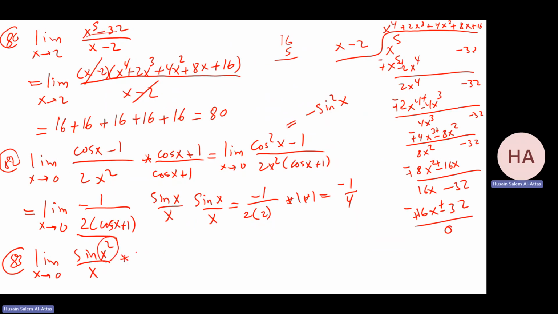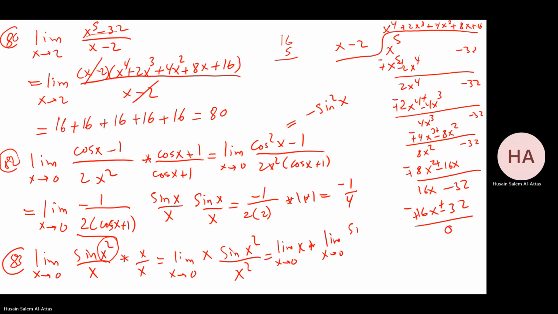So I multiply by x over x. So that will be the limit as x goes to 0 of x times sine x squared over x squared. Now I make it the same argument. So this limit, I can split it: the limit as x goes to 0 of x times the limit as x goes to 0 of sine x squared over x squared. This is 0.